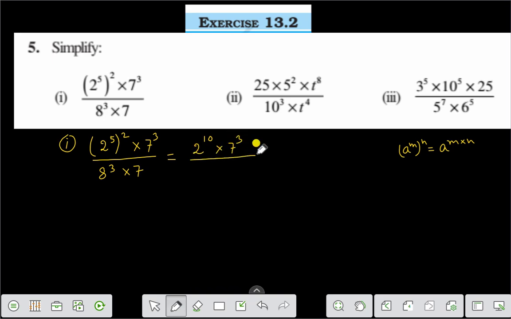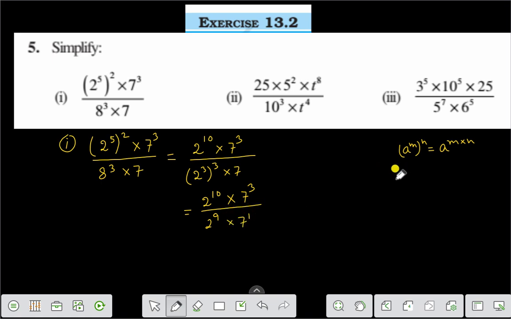And here it is 8. 8 can be written as 2 to the power 3, all to the power 3, into 7, or it can be written as 2 to the power 10 into 7 to the power 3 divided by 2 to the power 9 into 7 to the power 1.